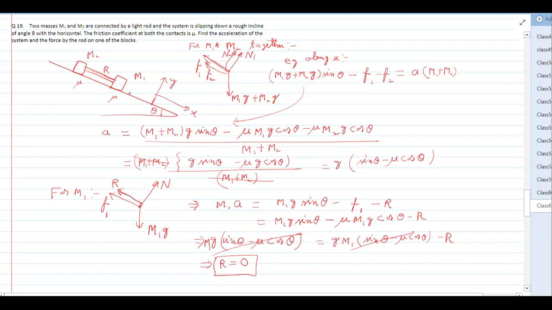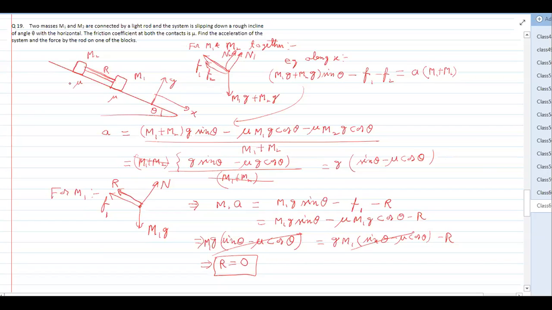If the lower one has more friction, the upper one will tend to slide faster, so they will try to compress the rod. In that case, a compressive force will develop, and they will push each other. And if the lower one has lesser friction, then they will develop tension and try to pull each other.